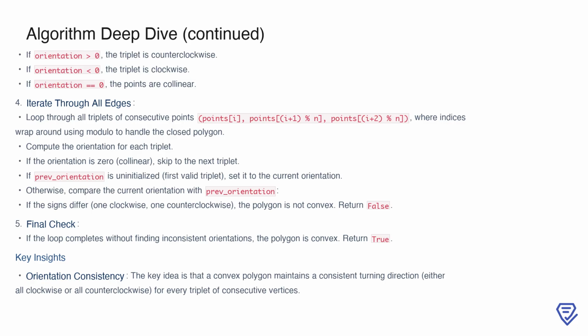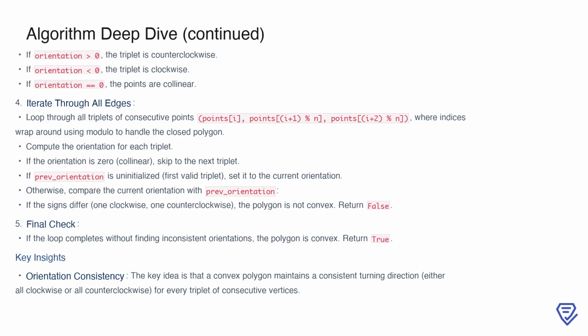The orientation calculation is straightforward. For 3 points P1, P2, and P3, the cross-product of the vectors formed by these points determines the orientation. If the result is greater than 0, the points form a counterclockwise turn. If it's less than 0, the turn is clockwise. A result of 0 means the points are collinear, lying on a straight line.